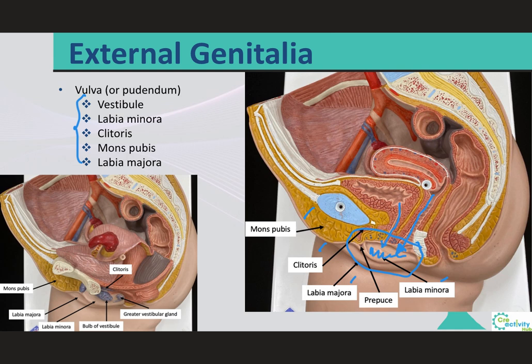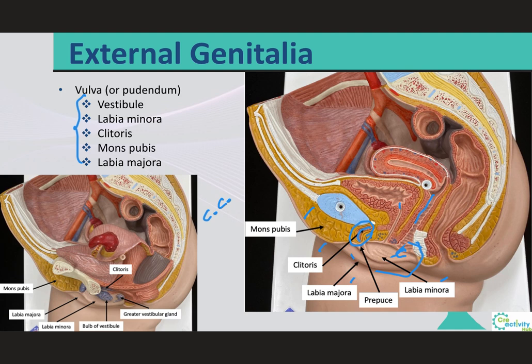Now, anterior to the external urethral orifice, the clitoris will project into the vestibule. And notice how the clitoris looks just like a little penis. So internally, the clitoris will contain the erectile tissue that's homologous to the corpora cavernosa in males.